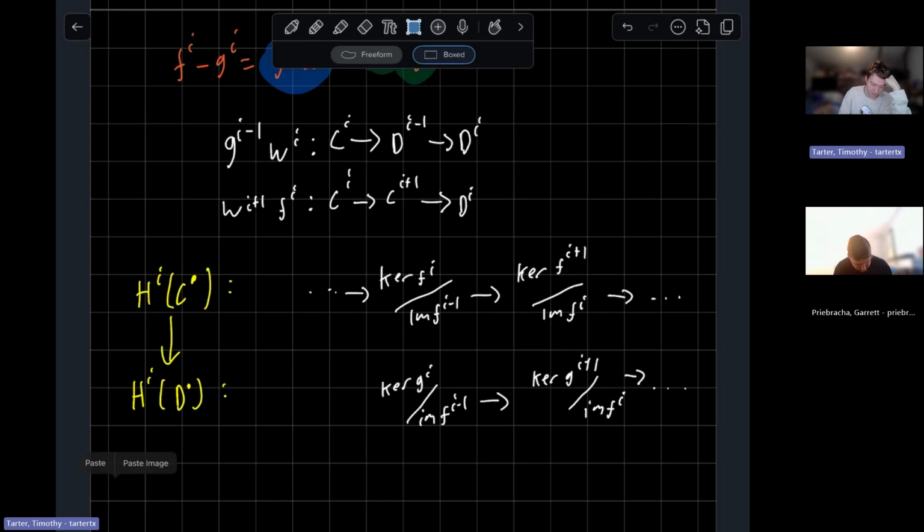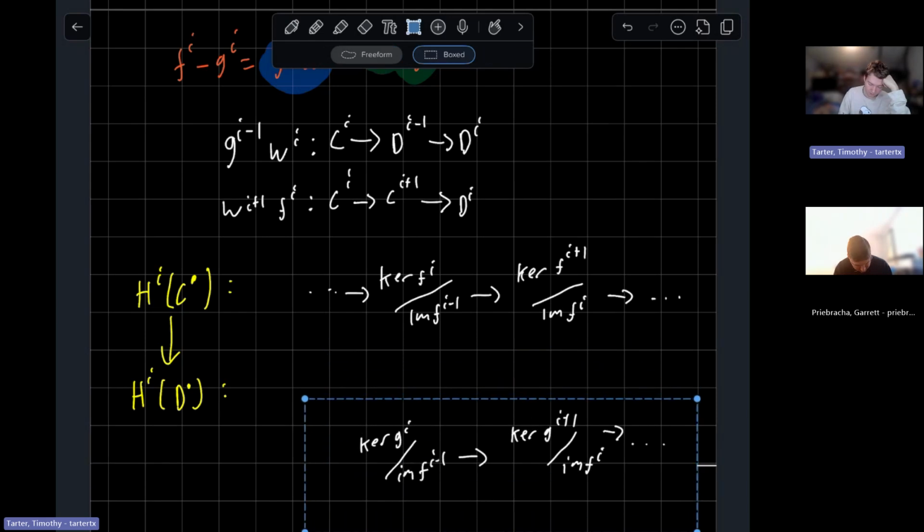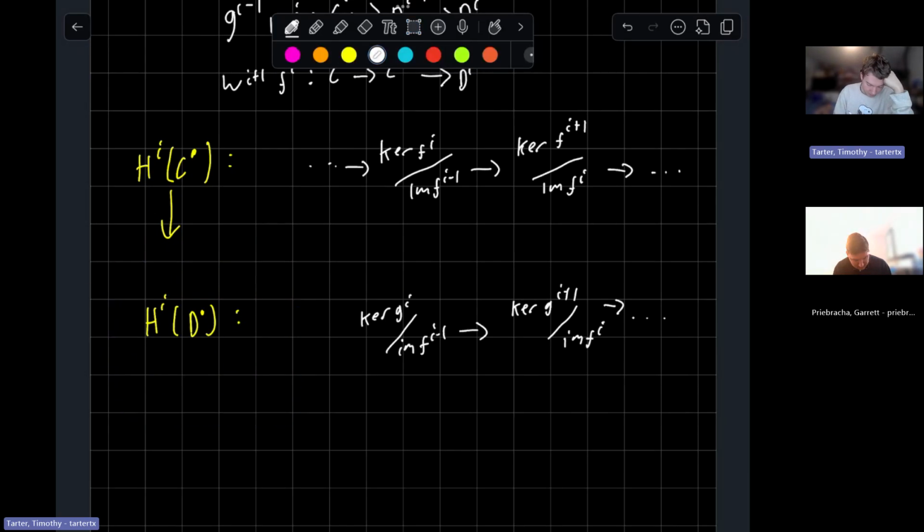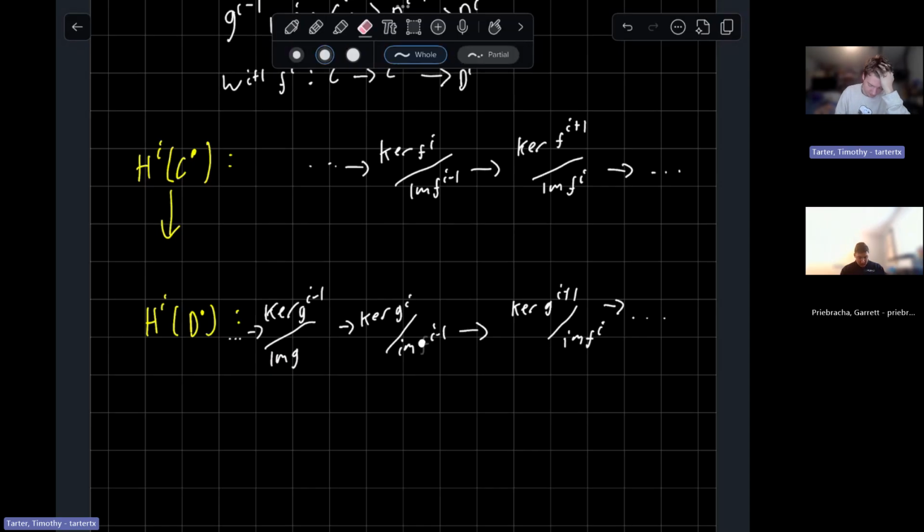Just going to move these apart a little bit so that we have space for everything. And then I also need ker Gi minus 1 mod im, and that's not mod im F. That is so not mod im F. Gi minus 2.